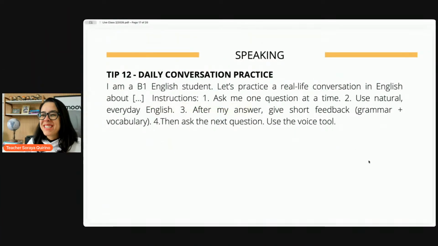Tip 12, daily conversation practice. So now I'm going to show you what ChatGPT can do for you regarding speaking. I don't think you can do that with the free version of ChatGPT. I think you need to use the paid version, okay? So I'm a B1 level student. Let's practice a real life conversation in English about whatever. Instructions. Ask me one question at a time.